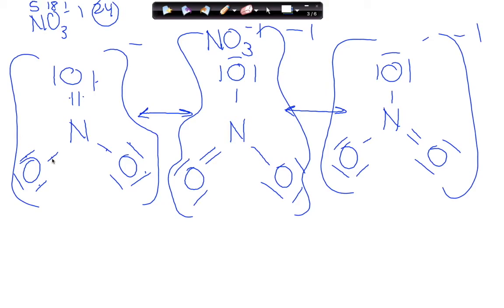The question is, what does this delocalized pi bonding actually look like? Guys, go back to page 356. So on page 356, sample exercise 9.7, you'll notice that they've given you the 3 resonance structures or conformations for nitrate.